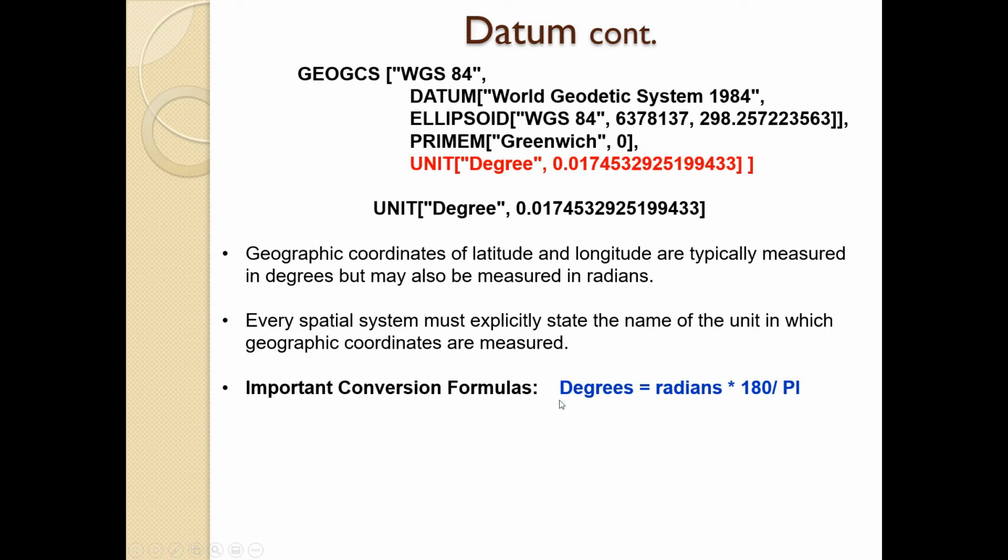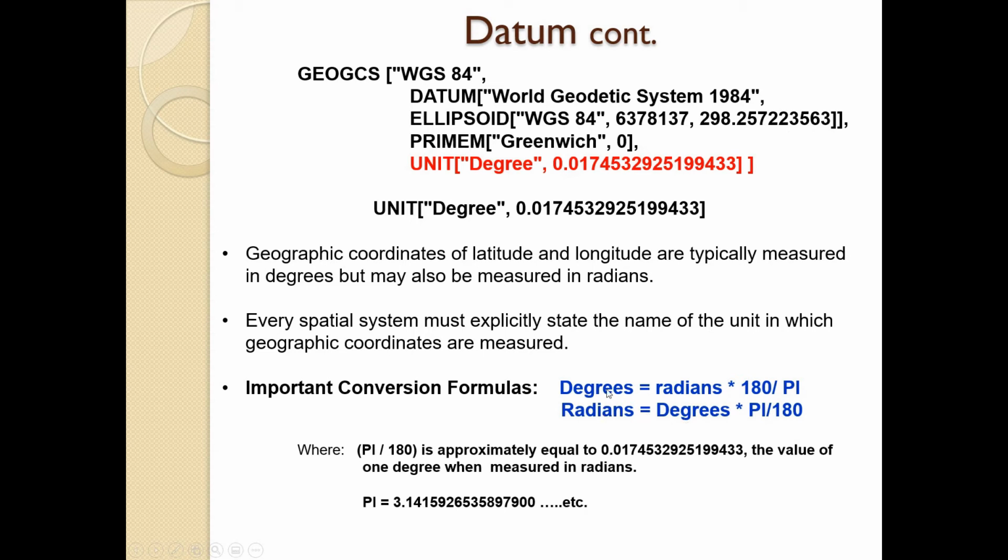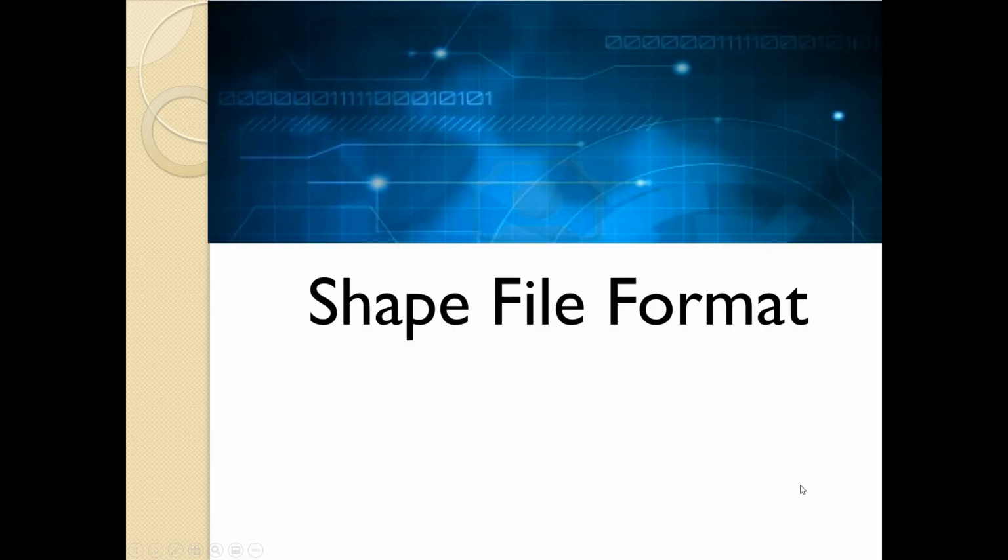So in order to do that, you can say that degrees is equal to radians times 180 over pi, which is 3.14, as you know. And you can also convert between these two by saying degrees times pi over 180. And that's how you can calculate between degrees and radians.